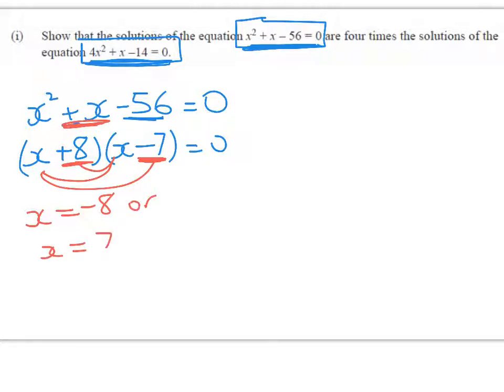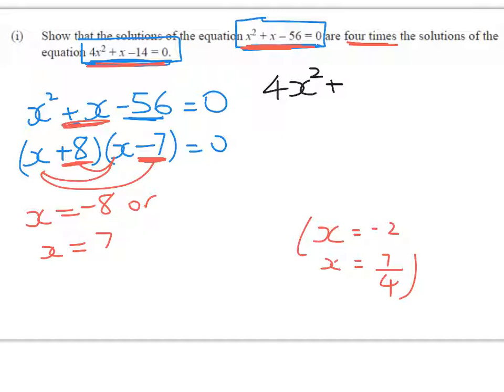Now we're asked to show that the solutions here are 4 times the solutions of this one. So what we're looking for now is to have x equals negative 2 and x equals 7 over 4. So we can have that in the back of our mind. We'll go up to the second equation, and we've got a really big clue of how to factorize it.